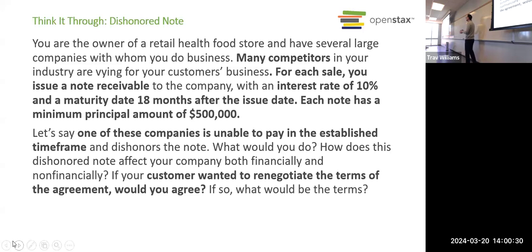We had a deal. Customer violated their terms of the deal. We could sue them. Of course, that means we need attorneys. It could take years. It could cost a lot of money, but we could sue them. Anything else we could do?